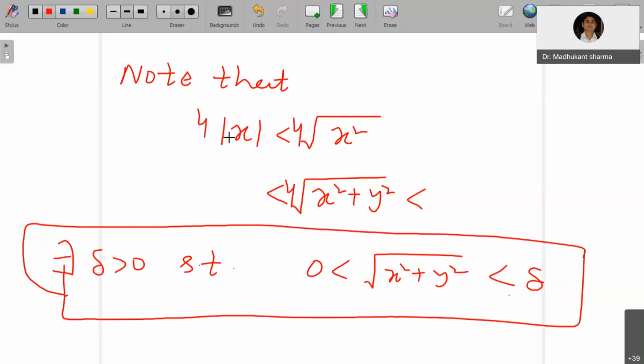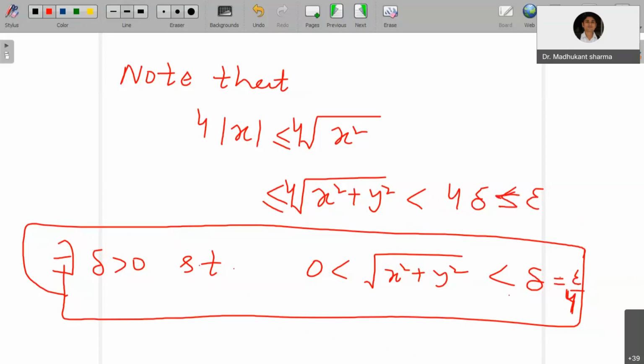Note that mod x is less than, or you can say less than or equal to, 4 times delta, which is going to be less than epsilon whenever delta is less than epsilon by 4. So you can choose delta equal to epsilon by 4.